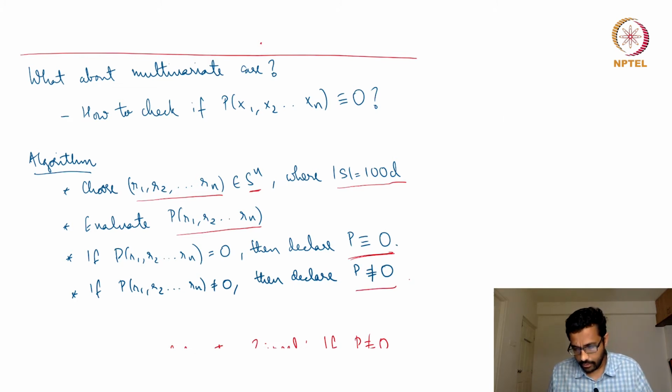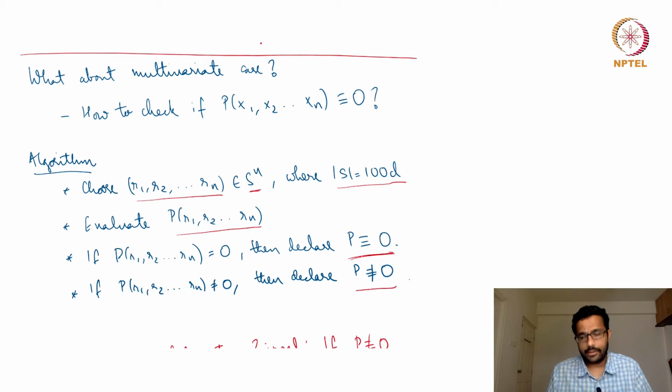Okay, so the correctness is, I hope, fairly clear, with the exception of the error. If the polynomial is the 0 polynomial, then whatever R1, R2 you substitute will give you 0. So in that case, you will always output 0.